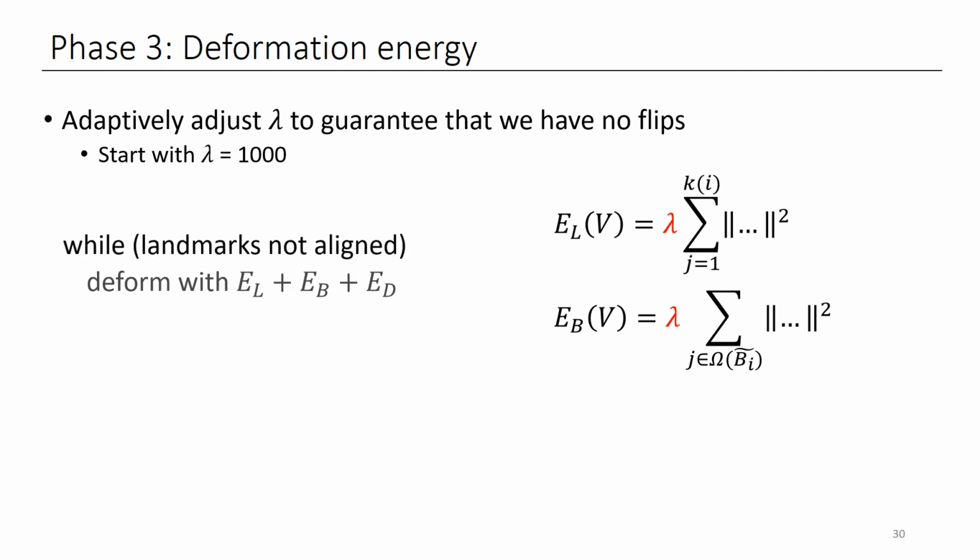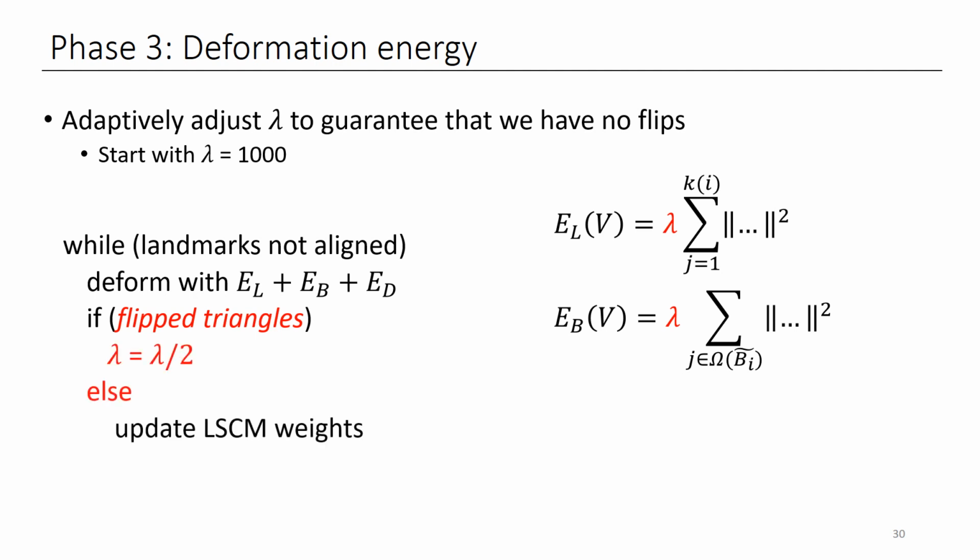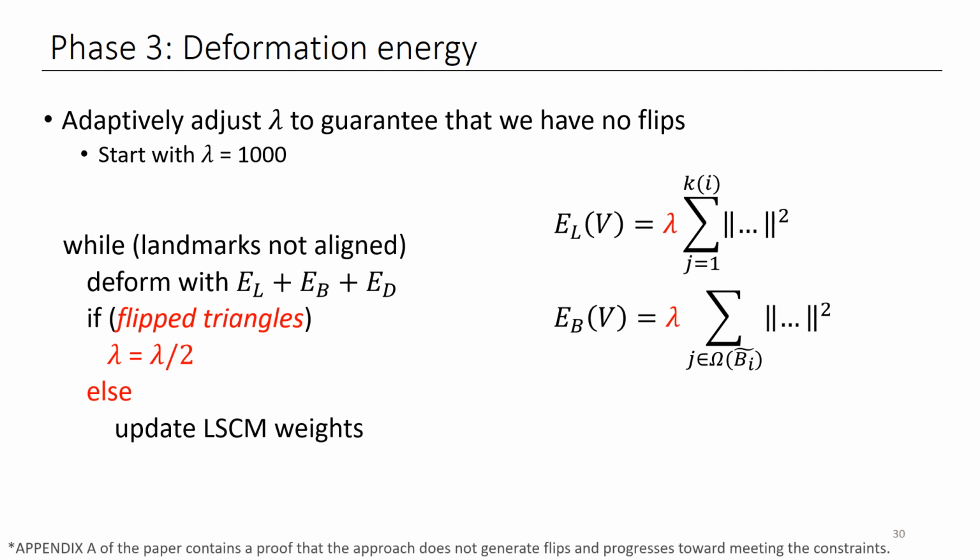After each deformation, we automatically detect if there are flip triangles, and if so, we redo the deformation of the iteration using half the value for lambda. ILSCM guarantees that the deformation will not result in flips, and in practice, we always were able to meet the user constraints up to numerical precision.